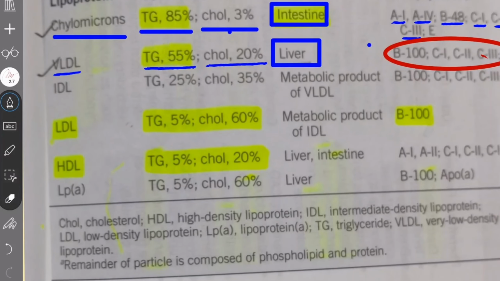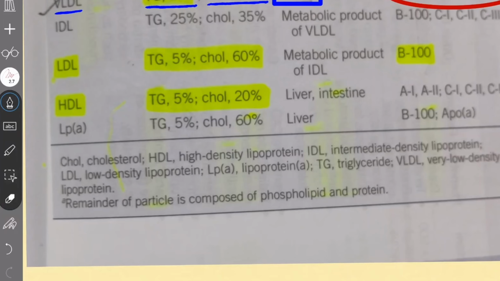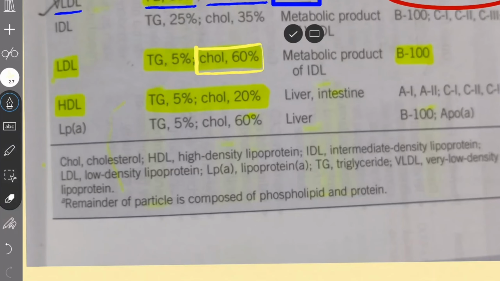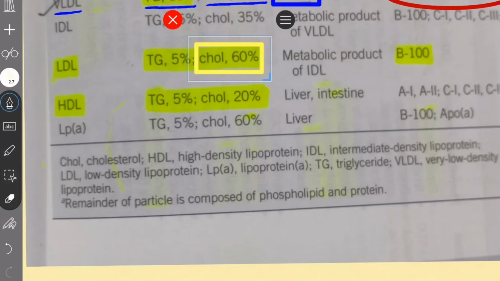Why is LDL called bad cholesterol? Because LDL is a lipoprotein that carries cholesterol and lipids in the body, and its constituents are triglycerides and cholesterol. The cholesterol is higher in this group, around 60%, and it can collect in the walls of your blood vessels, raising your chances of health problems like a heart attack or stroke.